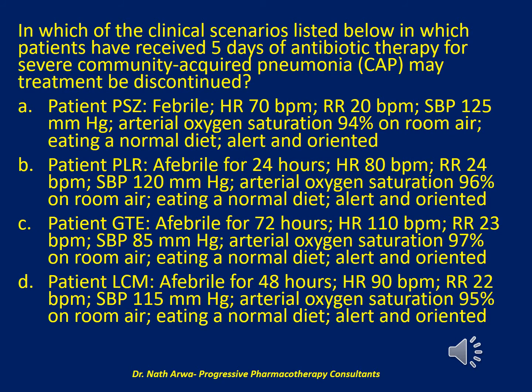Or is it D. Patient LCM who has been afebrile for 48 hours, with a heart rate of 90 beats per minute, a respiratory rate of 22 breaths per minute, a systolic blood pressure of 115 mm of mercury, arterial oxygen saturation 95% on room air, eating a normal diet, alert and oriented? I will give you 10 seconds to choose the correct answer to this question from the listed options.